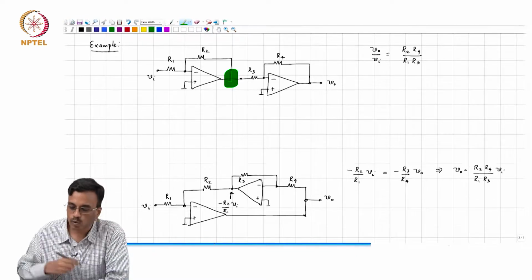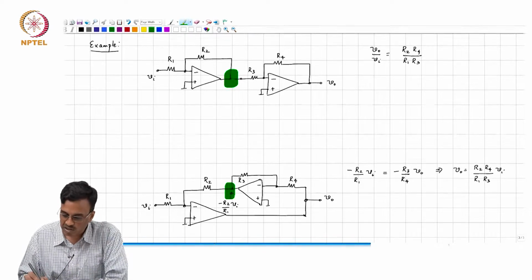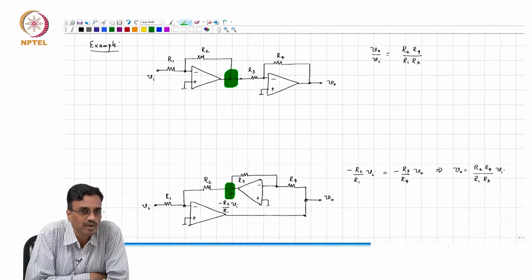The junction here, what is the voltage there? Minus R2 by R1. That corresponds to this junction here now, right? That's also minus R2 by R1 times Vi. Does it make sense?